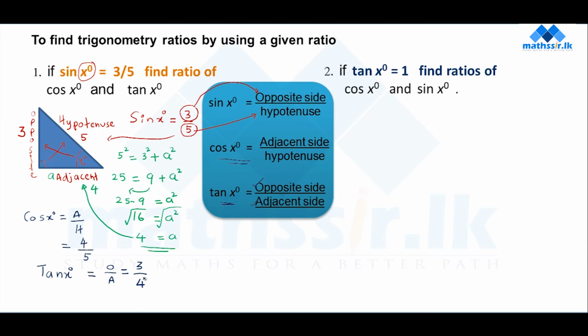If tan x equals 1, find the ratio of the cos x and sin x. First of all, you draw the right angle triangle. In this figure, I mark angle x at the vertex.